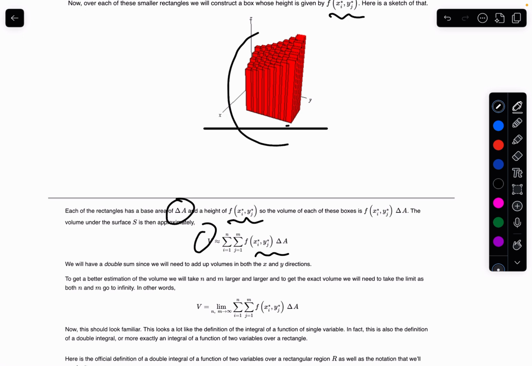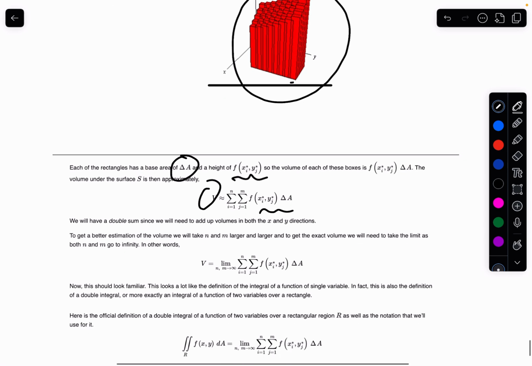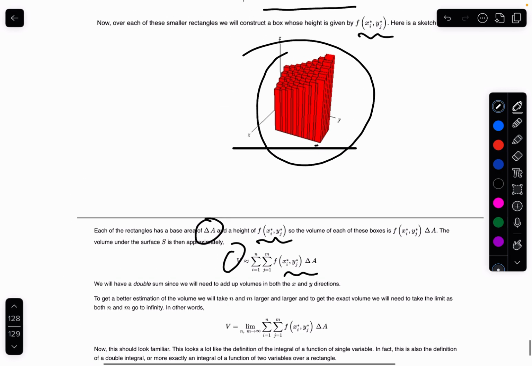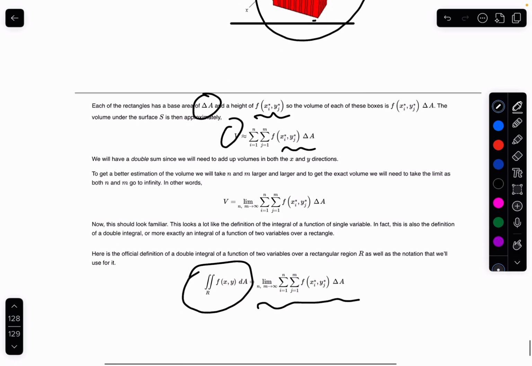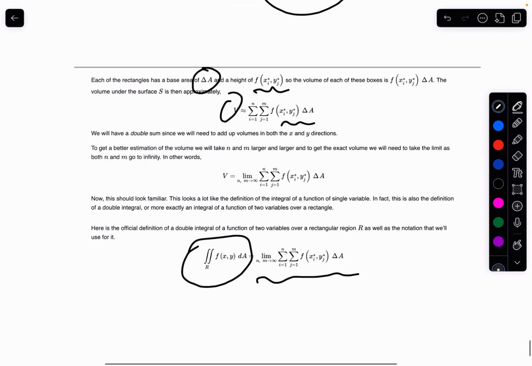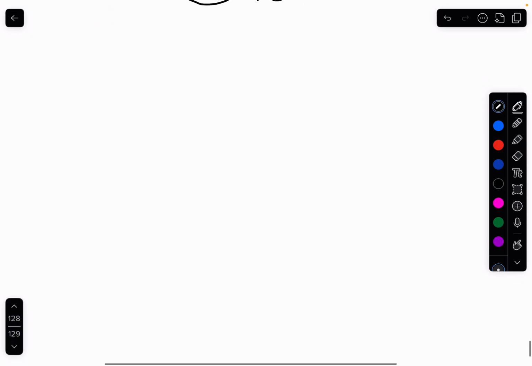And as this number tends to infinity and we take that limit, that gives us the double integration. So this is the idea behind the double integration. So we can solve some examples of double integration.